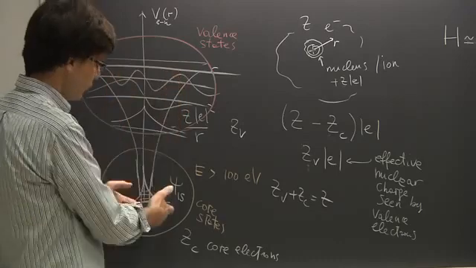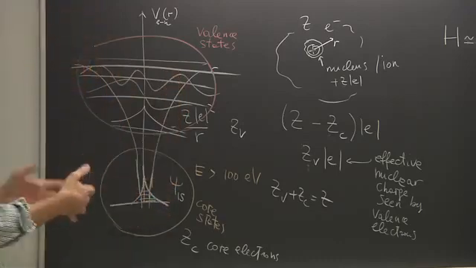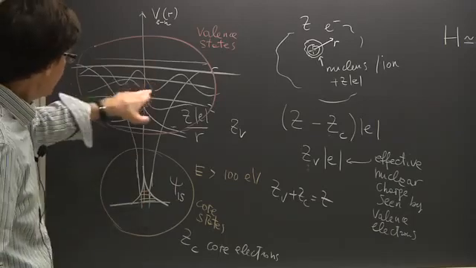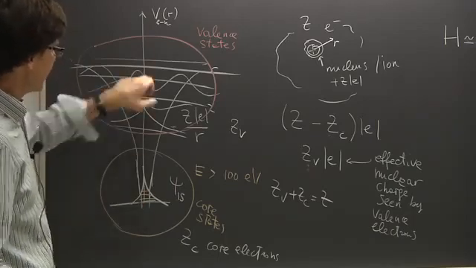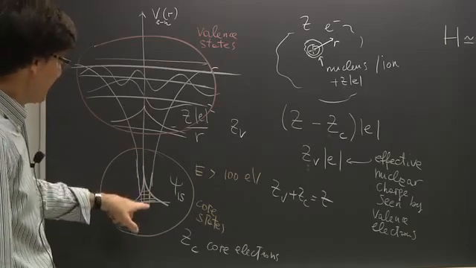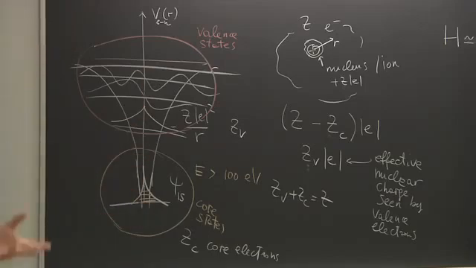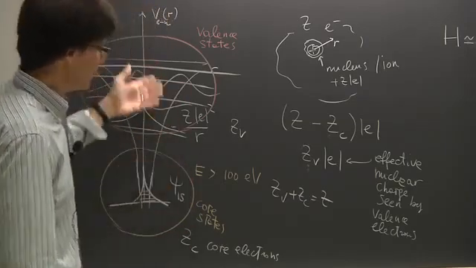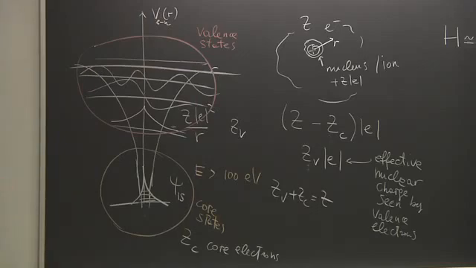Outside this region, there is no overlap. So if I want my wave functions to be orthogonal to this one, I need to modify essentially only the region very close to the nucleus, which is where there is overlap between these two. Right? Orthogonal means that when I take the expectation value of their product, the product of these two wave functions gives me 0.